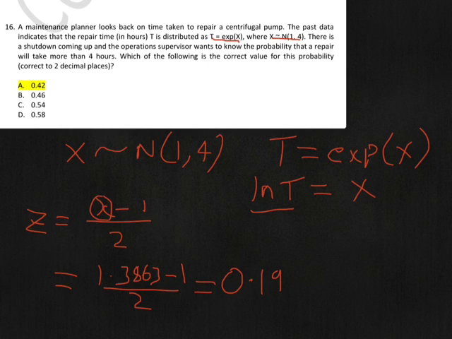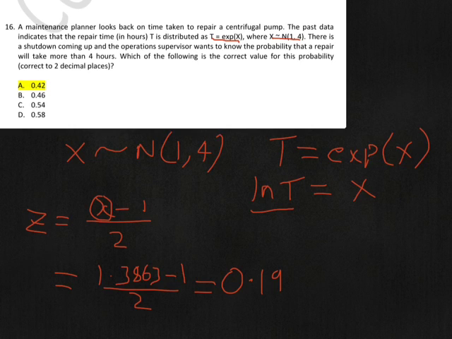So if I just flick over to the Z tables, which is Table 3 in the stats book, Appendix B, page 515 on mine. It's also given about the third last page of the formula sheet you're given this year, and we want to find 0.19 in there.